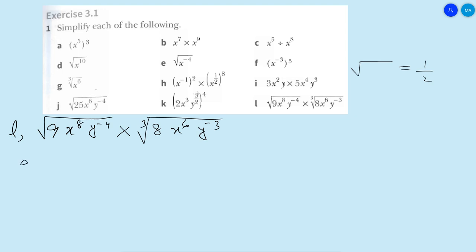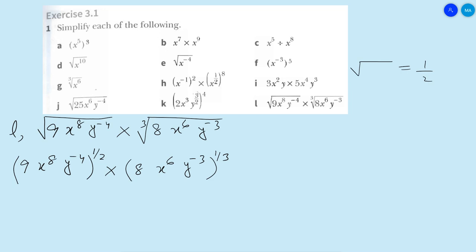Now (9x8 y minus 4) is square root and the value of square root is 1 upon 2. Multiply by (8x6 y minus 3), and this is cube root and the value of cube root is 1 upon 3.